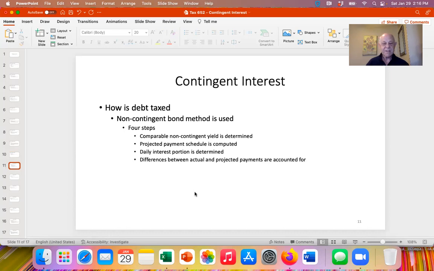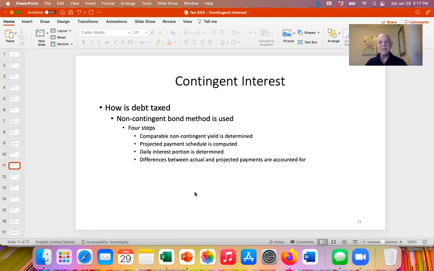If it's treated as debt, there's a 4-step method that we have to go by. The first one is we have to find out what interest rate the issuer would have paid you if this was non-contingent debt. If they just issued a straight debt instrument, how much interest would they have paid you? We're going to come up with that number.